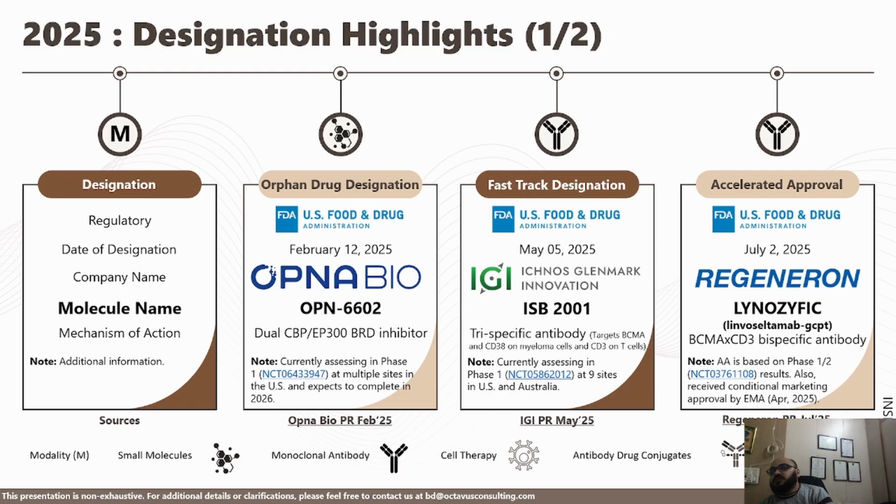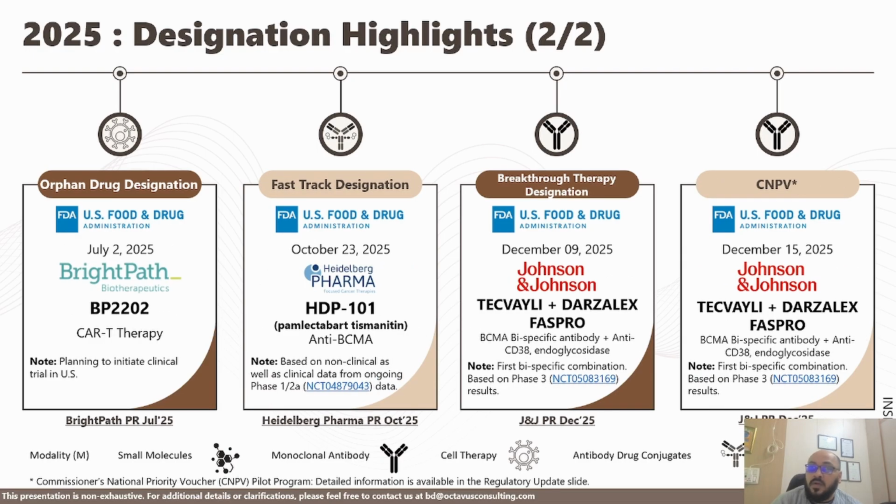Then Regeneron's already approved molecule has got accelerated approval, right? And this was approved in April, and I think this has got an approval in April 2025 from EMA too. Now we have another small company, BrightPath, receiving ODD, and Heidelberg Pharma, again an anti-BCMA molecule.